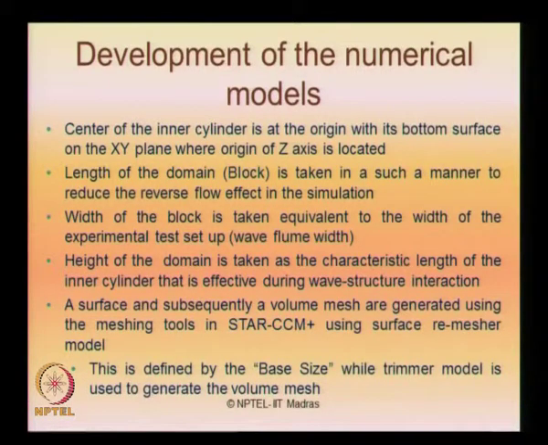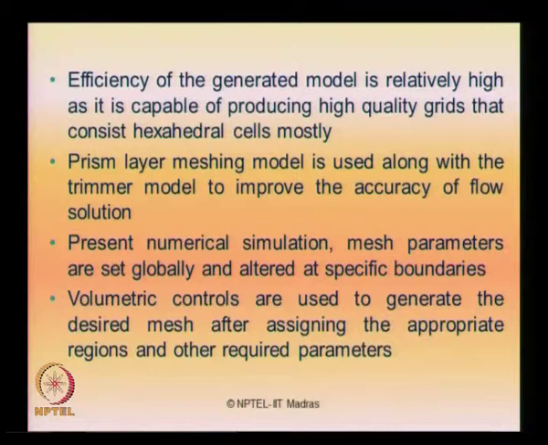A surface and subsequently a volume mesh has been generated using the meshing tools in STAR CCM. This is defined by the base size, while the trimmer model is used to generate the volume mesh in the model. The efficiency of the generated model is relatively high because it is capable of producing high quality grids that consist mostly of hexahedral cells.